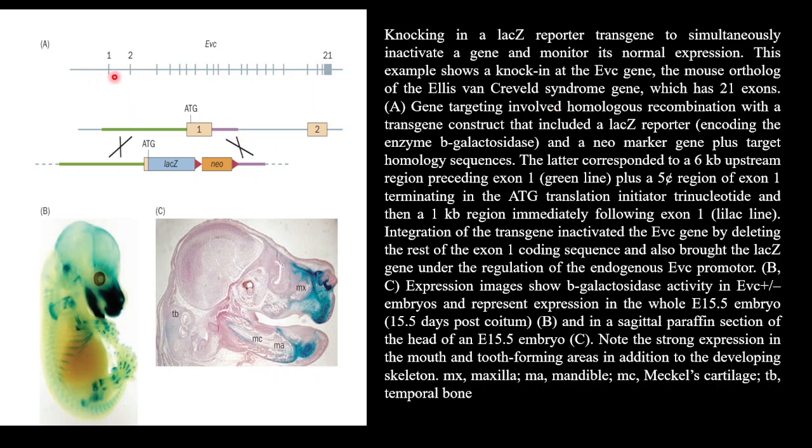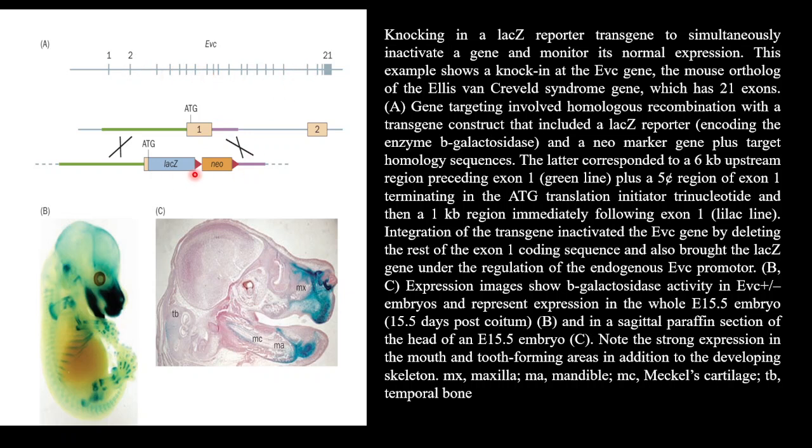So this particular gene has the 21 exons. So what they did, and the exon 1 is critical for the expression of this particular gene because it has the translational initiation codon methionine, which is ATG here. So what they did, basically they integrate the LacZ gene in place of these many exons.